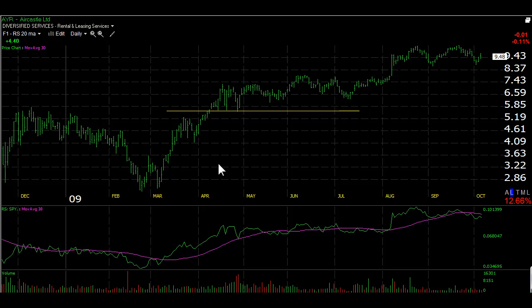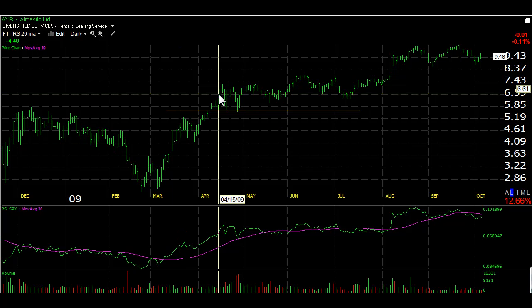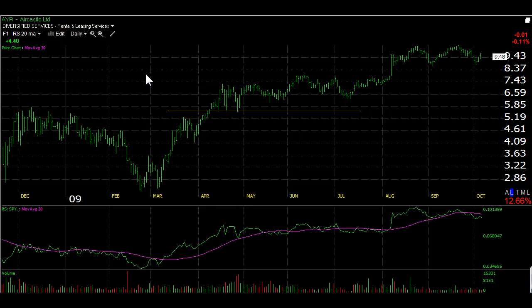Wonderful. So remember, we got in over here someplace. For argument's sake, you could have put a buy order there. What would that have been? I don't know. Let's see. Somewhere around here would have triggered a buy signal of about 6.61. Okay. Get rid of this.